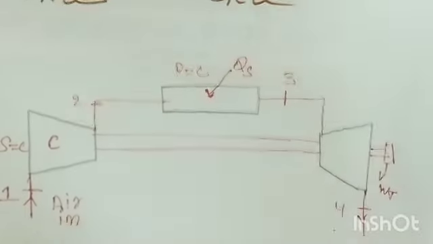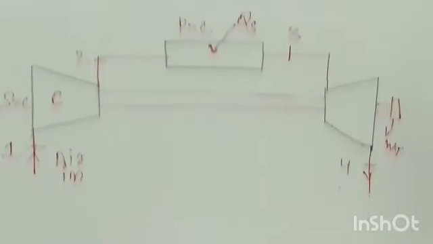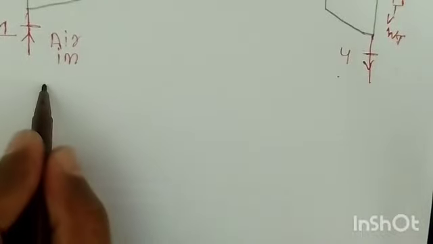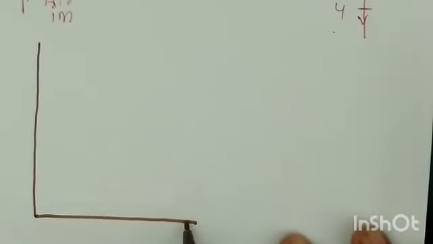Now this whole scenario we will see on the TS diagram, that is the temperature and entropy diagram. So let's see that. We are drawing it here. Yes, you can draw the temperature and entropy diagram.